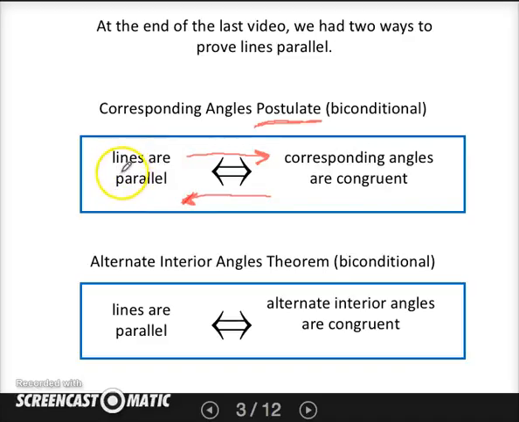Using this postulate, in the last video, we proved the alternate interior angles theorem is also biconditional. In other words, not only do parallel lines have congruent alternate interior angles, but if alternate interior angles are congruent, we can conclude that the lines are parallel.